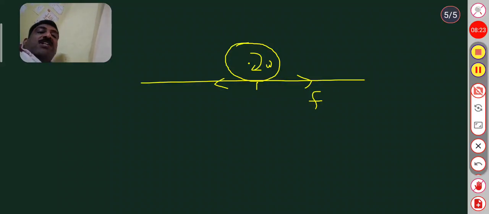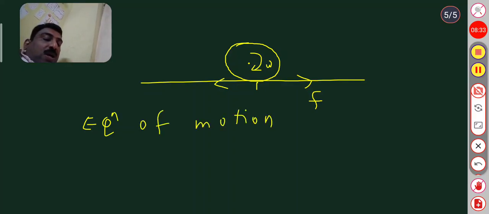So now if we consider the equation of motion, when the wheel is rotating and it is attaining a final velocity of omega naught after 8 hours, let us calculate the equation of motion. So what is the equation of motion?